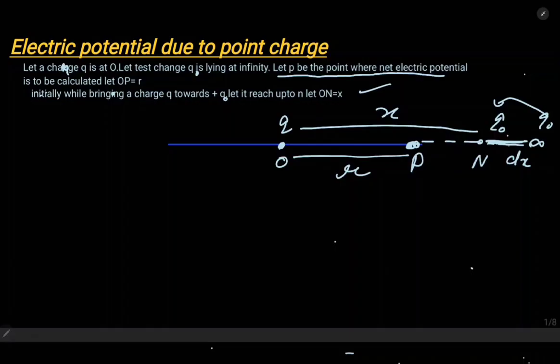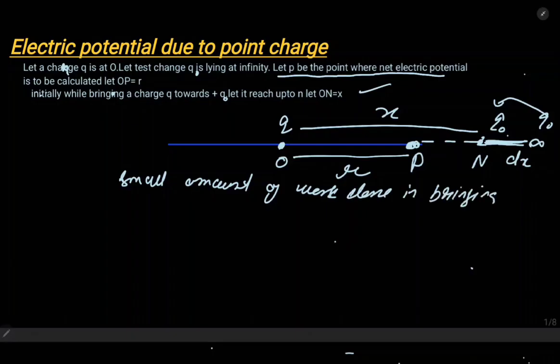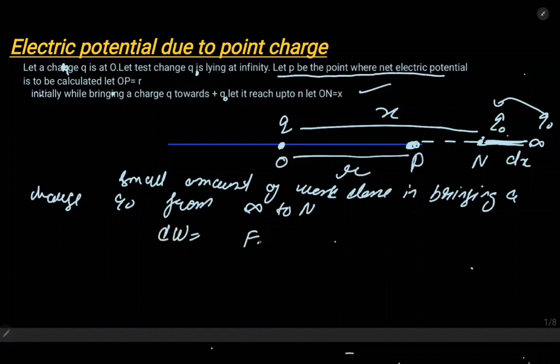Now, when it moves from here to here by a small displacement, the small amount of work done in bringing a charge q naught from infinity to N, dW, can be written as force dot displacement dx, right?